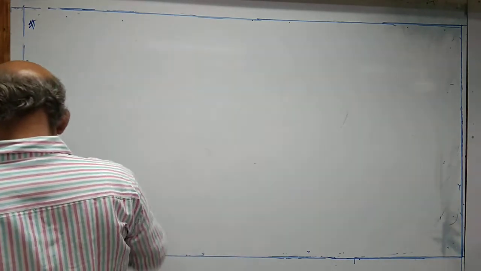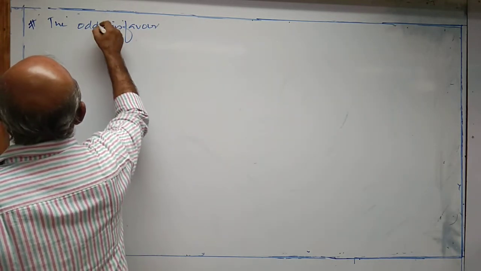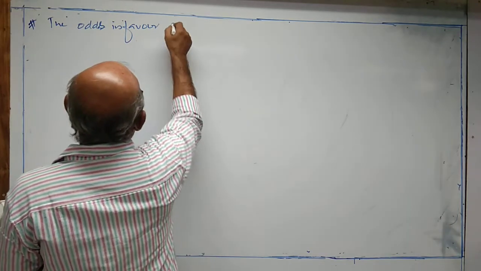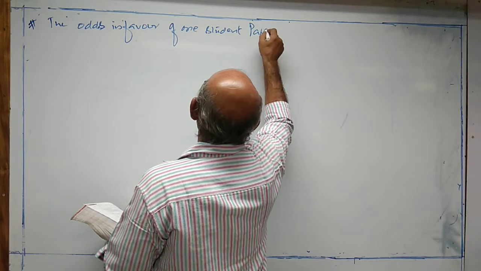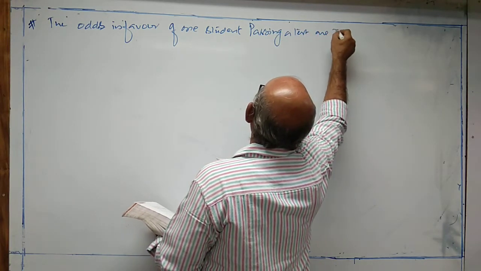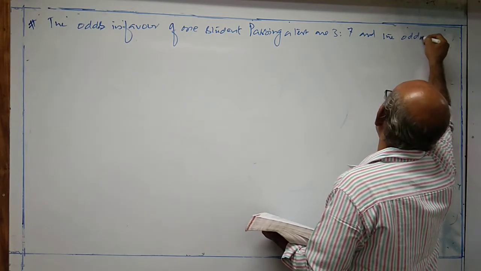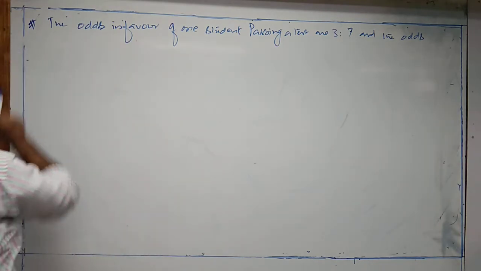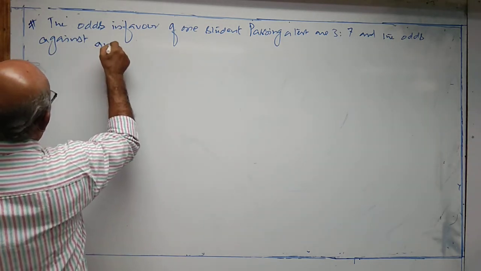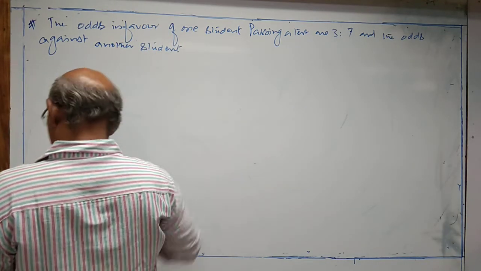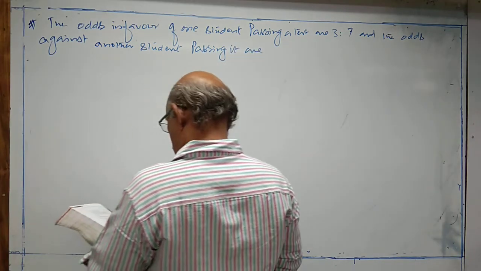Next question, sir. The odds in favor of one student passing a test are 3:7, and the odds against another student passing it are 3:5.